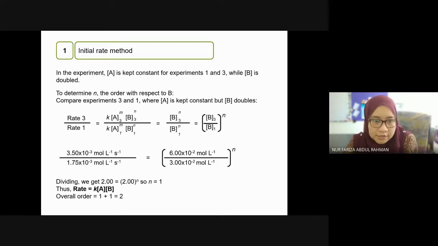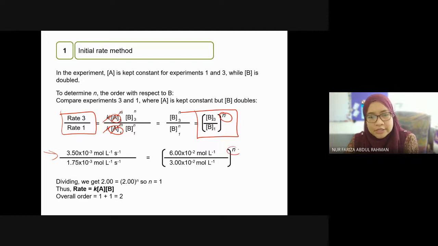Because this K cancels out, this one cancels out because this value is the same from the data. So we have only this B from experiment 3 and B from experiment 1. So you only have this and this, you factorize, okay? Alright, and then you put in the data.